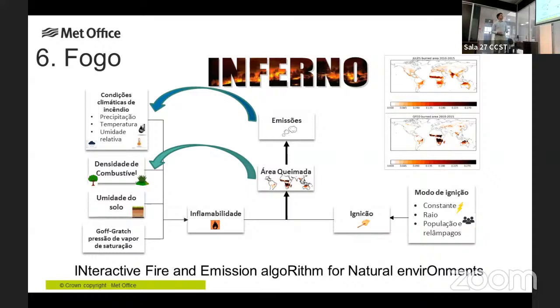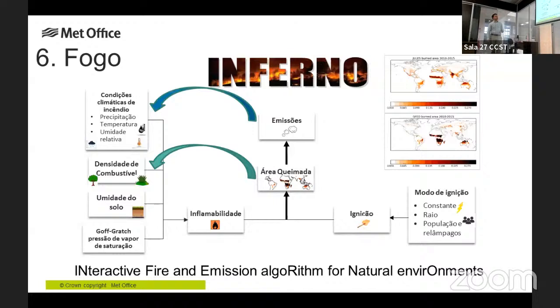So this is getting into almost socioeconomic territory: you're considering the probability of ignition from people, the probability of a lightning strike, and also the flammability of the environment. So how much carbon can you burn there? What's the temperature and precipitation? What's the fire weather like?